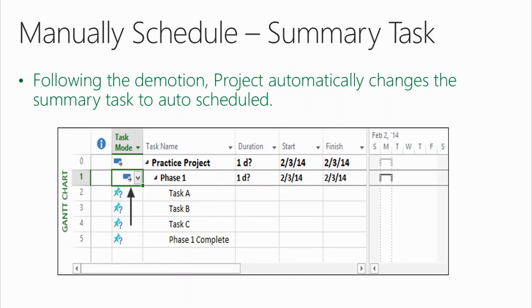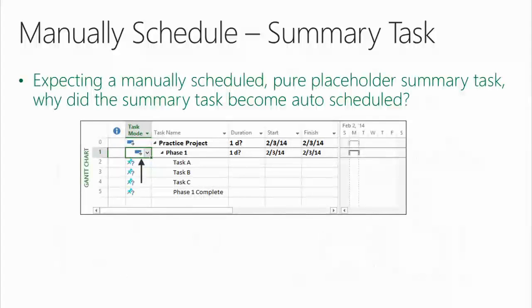As we keep moving along through this presentation, things are going to continue to happen, if you go outside the intent of this functionality, that are kind of hard to understand. And this is one of them right here, but we're trying to use it for top-down planning. Now, expecting a manually scheduled pure placeholder summary task, why did the summary task become auto-scheduled?